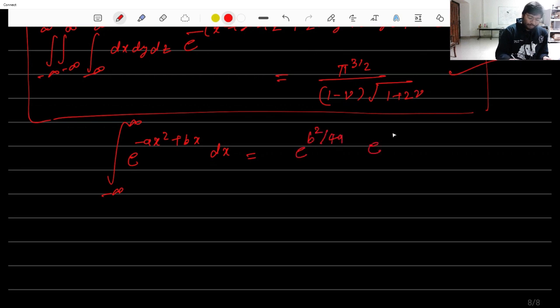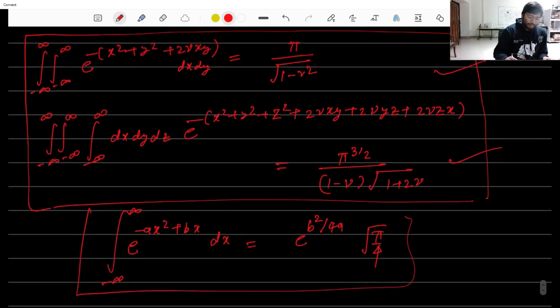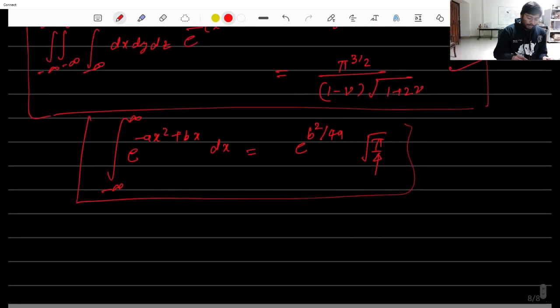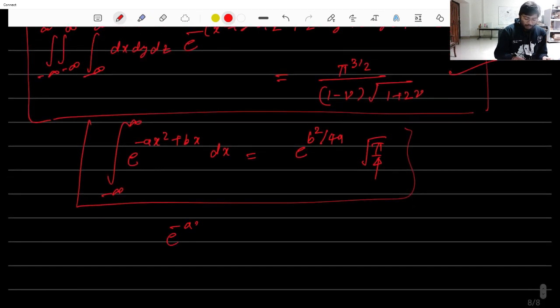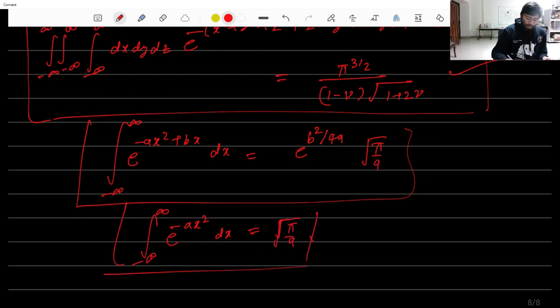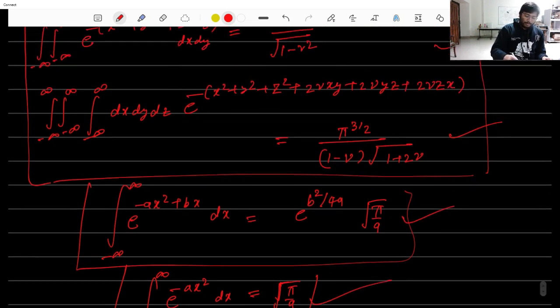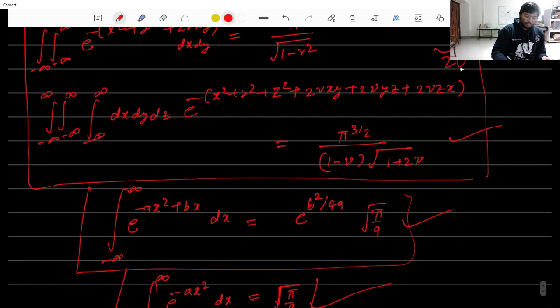We used this formula extensively to derive the above two formulas. We also used the formula e to the power minus a x square dx from minus infinity to plus infinity, whose value is root pi by a. Sorry, this is a, correct. This formula we derived in the last video, and the two-dimensional and three-dimensional formulas we derived today.